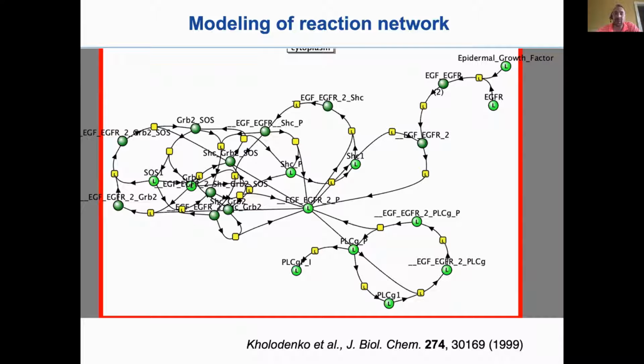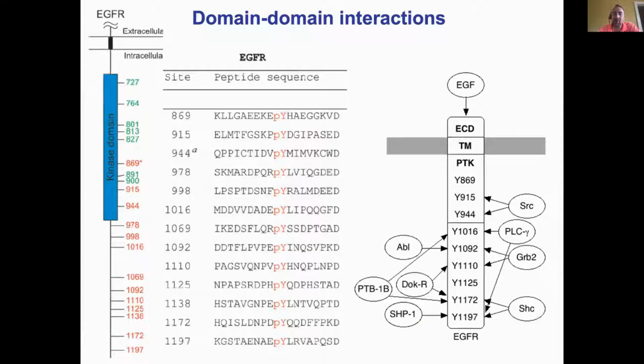But there are cases when you would like to look into more details. For example, the previous slide was a reaction network for epidermal growth factor receptor signaling initial events, and it included just a couple of adapter proteins that can bind to EGFR at the first steps, GRAP2 and CHIC.